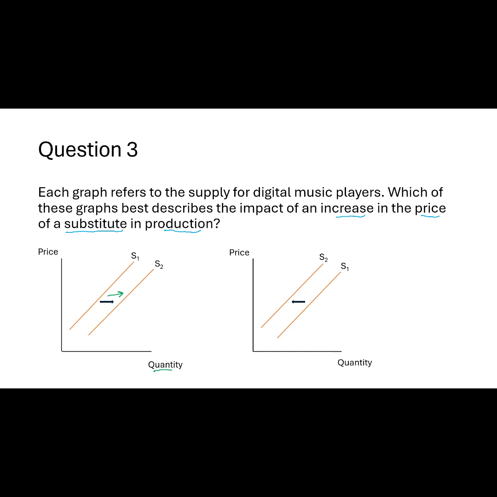And so if there's an increase in price of a substitute in production, then we're going to try to take advantage of that and also increase the quantity that we supply. So graph A would be correct, and then of course graph B would be a decrease in the supply, which is not correct.